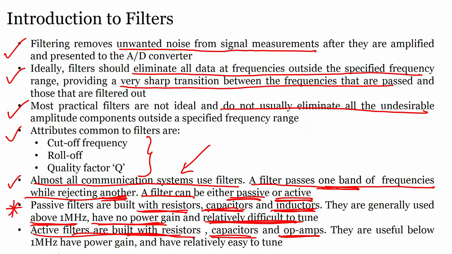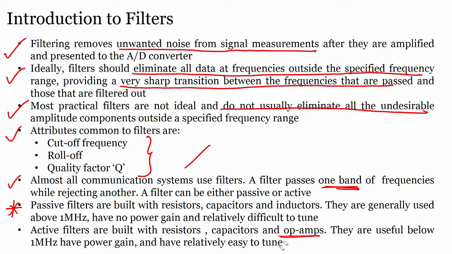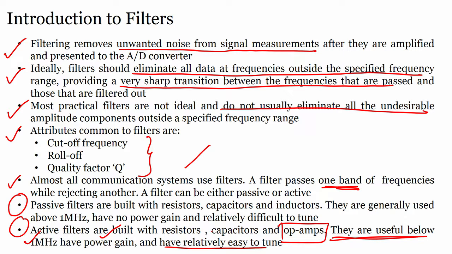You see here, if I just remove everything, one main difference you can see between active and passive is your op amp, right. Again we come back to the same point, the operational amplifier, alright. They are useful below 1 megahertz, one good thing; they have power gain, excellent; they are relatively easy to tune, amazing, right.